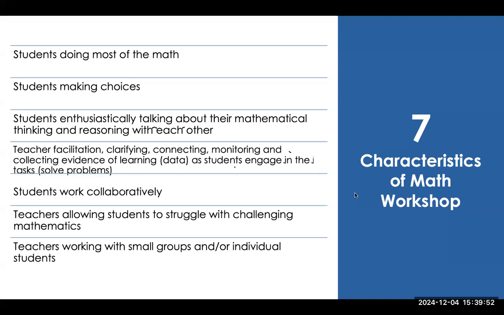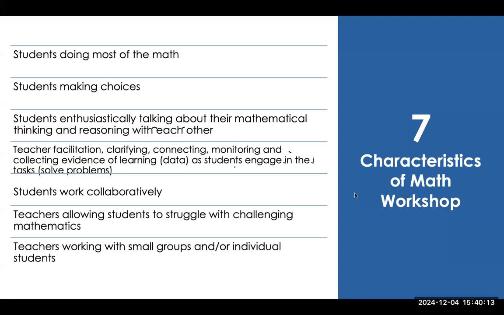We also can collect data, which is evidence of learning. And we can think about the tasks that would be rich enough for students to engage in. Right? This is also where students work collaboratively in that social learning aspect. Teachers allow students to struggle with challenging mathematics, right?